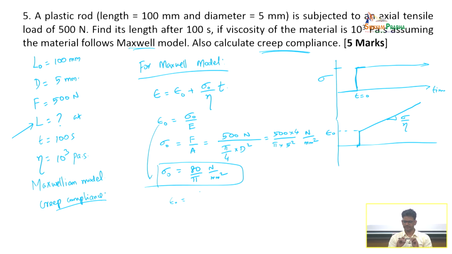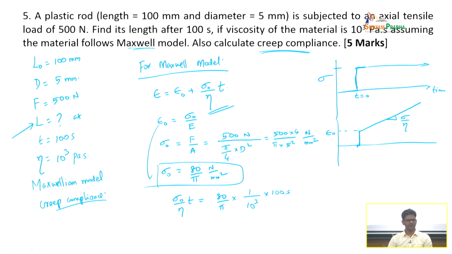Now, the second part. This can be calculated directly because we know sigma naught, viscosity is given, and time is also given. So, sigma naught by eta times t would be 80 by pi into 1 by 10 power 3 into 100 seconds.